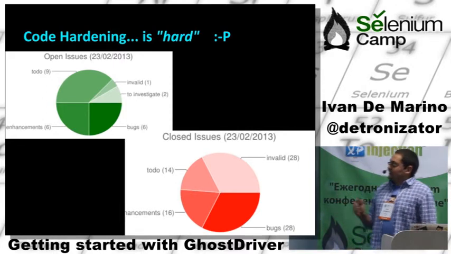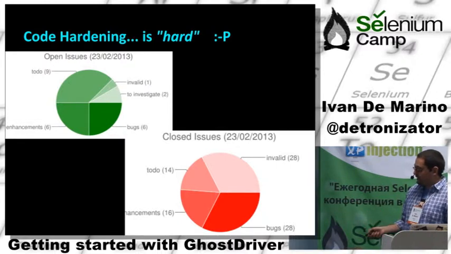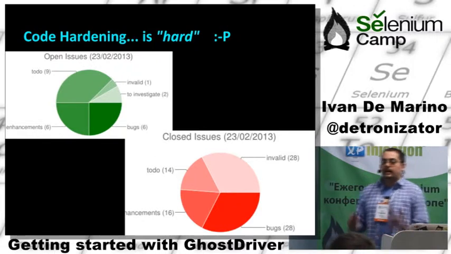But what is really striking me as a developer of this project is this data here. The collection of invalid issues is exactly the same number as the bugs that I solved. So half of this pie is my fault, and half of it is people who don't read the documentation or don't report it correctly to me, or make it really hard to help them.